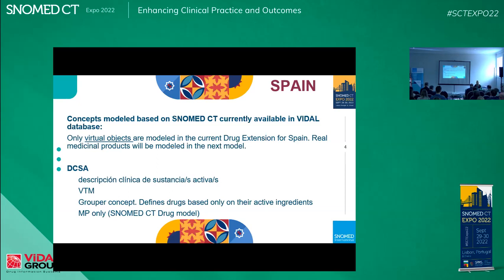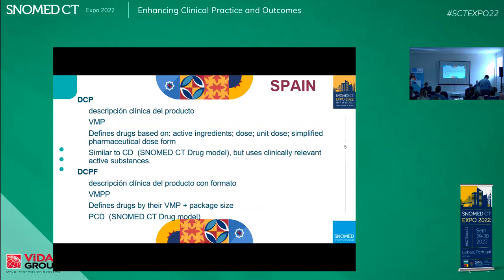So the DCSA would be a VTM, a virtual therapeutic modality, and it's a grouper concept that defines medical drugs based on their active substances. And it's related to the MP only concept of the SNOMED CT drug model.